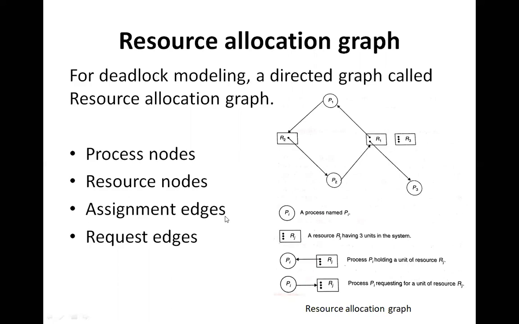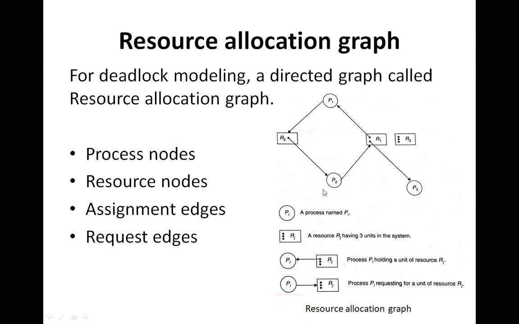Now, assignment edges. What is an assignment edge? An assignment edge is a directed edge from a resource node to the process node. Assignment means whenever a resource is assigned to process P2, it is represented by a particular edge.